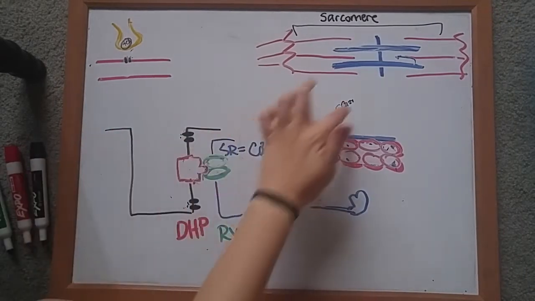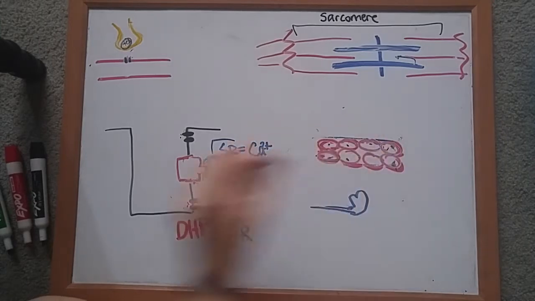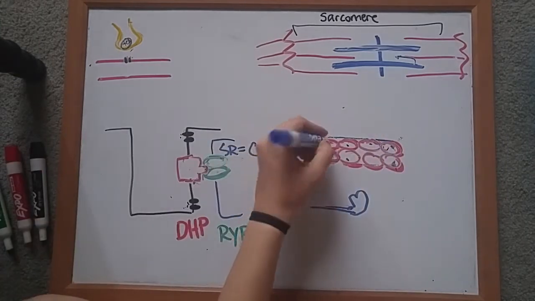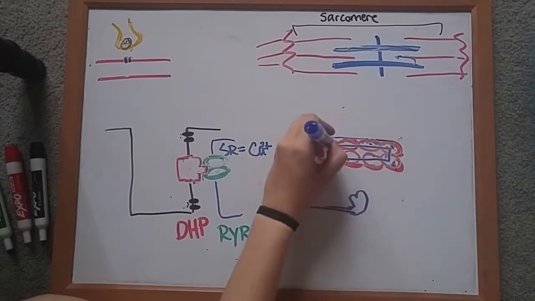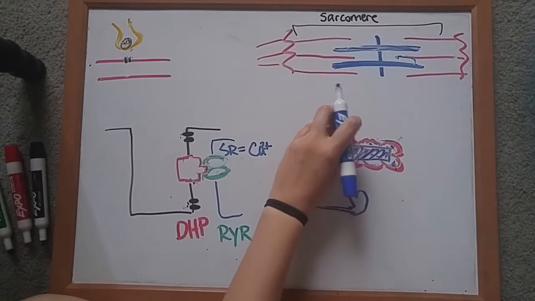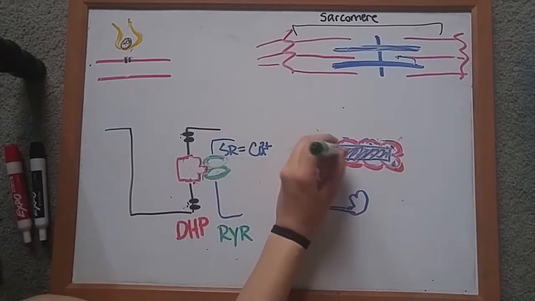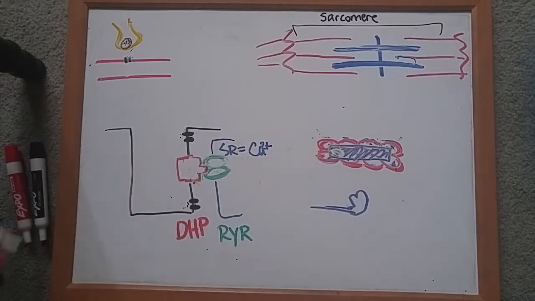All that calcium is going to unbind from troponin, and it's going to cause tropomyosin to move back and cover all those active sites on actin, and troponin goes back to being sad because calcium is no longer bound to it.